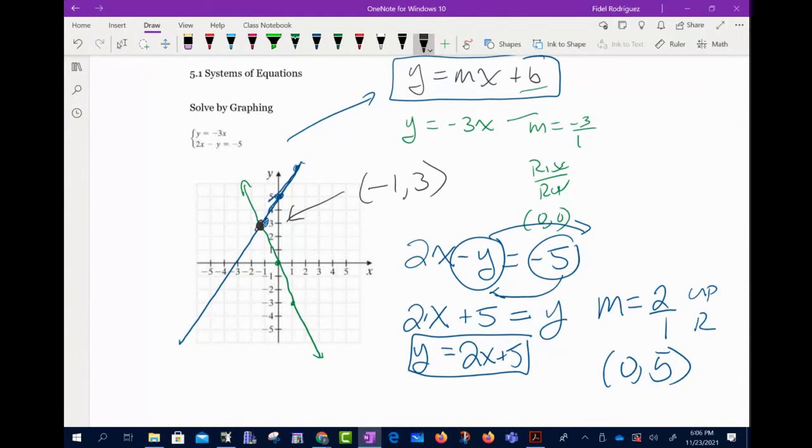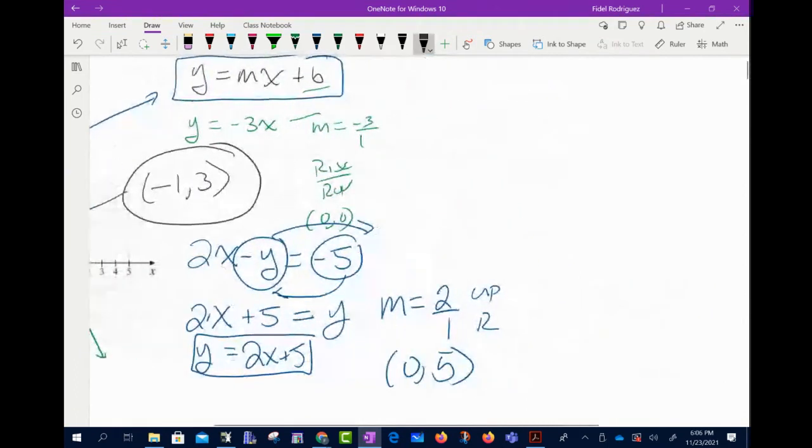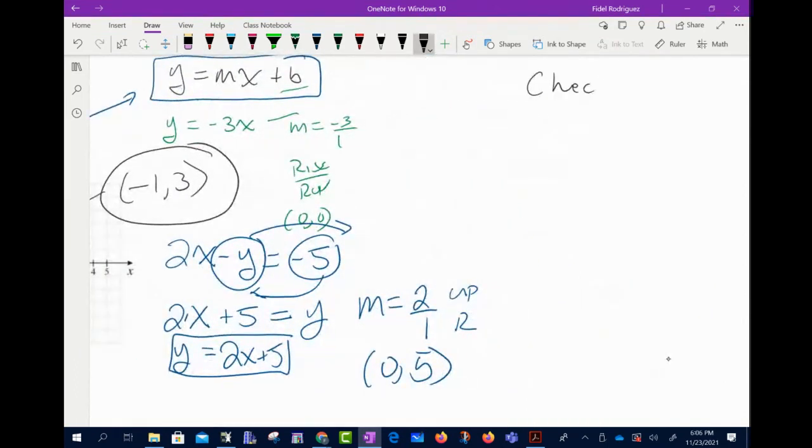And the way I can verify that, the way I can make sure that I'm telling you all the truth, is to take my point and look at my two equations. I'm going to do this part on the side. You don't necessarily have to do this part, but if we were going to check it, we have the point -1, 3. My first equation was y equals -3x.